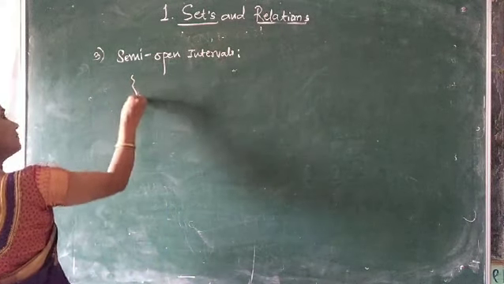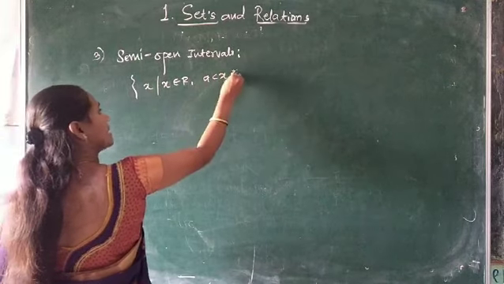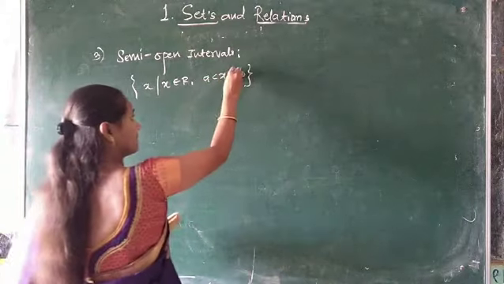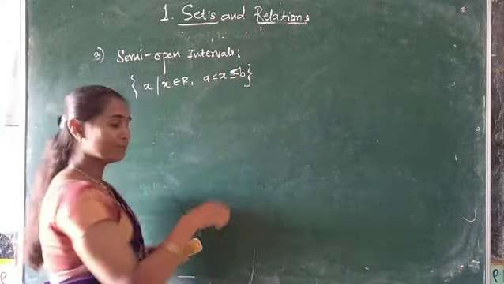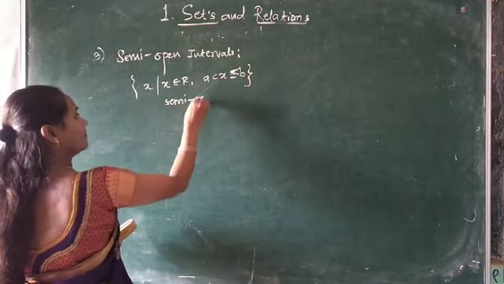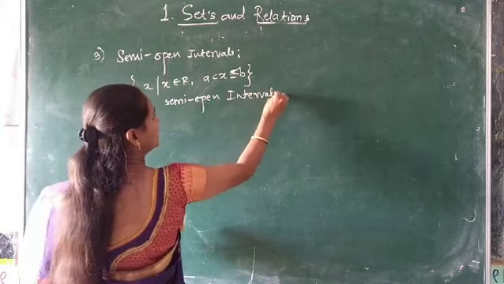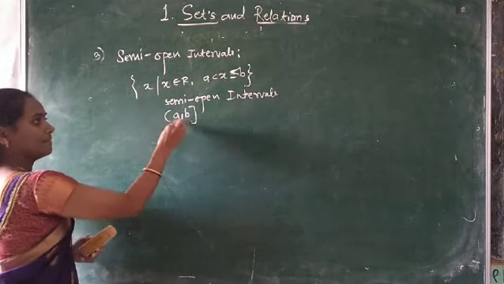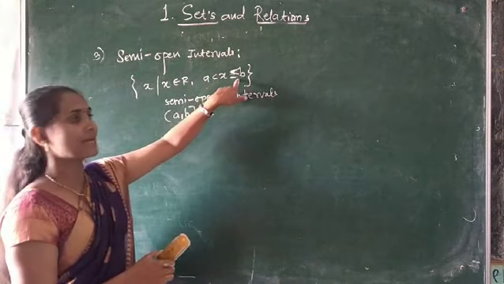Then the set of x such that x belongs to R, a less than x less than or equal to b. These changes are very important: a less than x but less than or equal to b. This set is called a semi-open interval and it is denoted by this symbol.